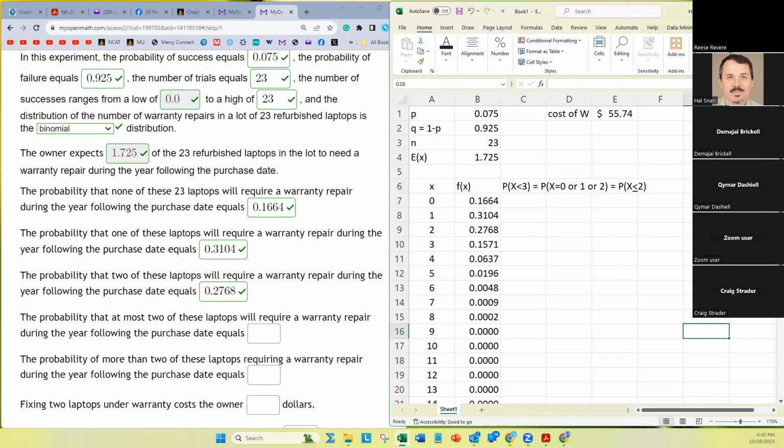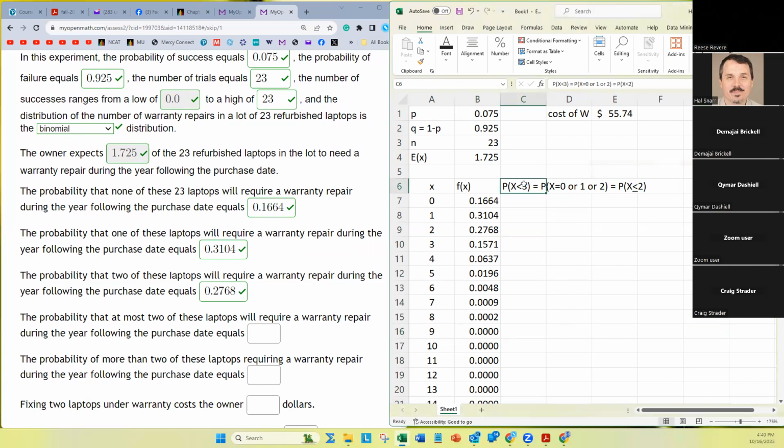See that? So I'm looking for the probability of x less than 3, which equals the probability of x equals 0 or 1 or 2. And that equals the probability of x less than or equal to 2, right?